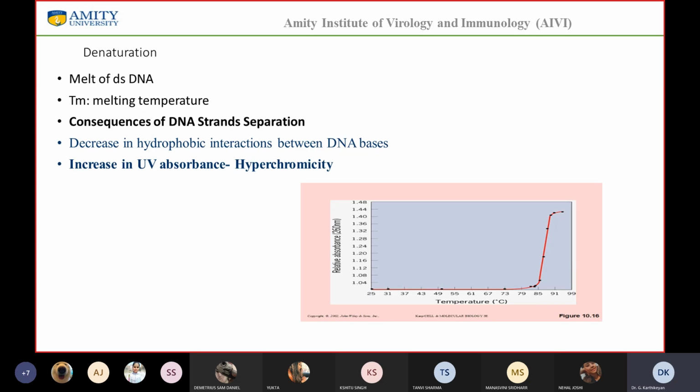Now, typically, when you melt the double-stranded DNA, it all depends. A genomic DNA is highly complex. Suppose you want to identify a small bit of sequence from a genomic DNA. You can imagine, let's say, the E. coli genome is 4.6 million base pairs, right?